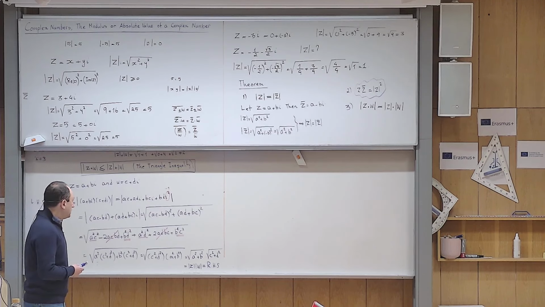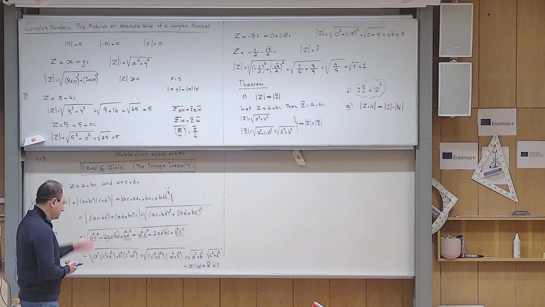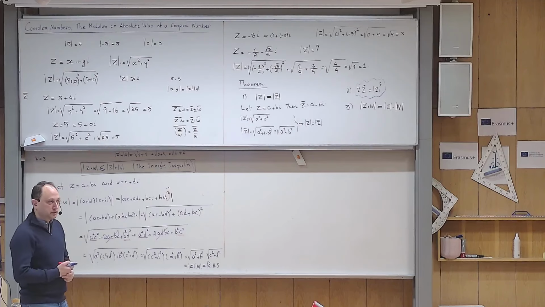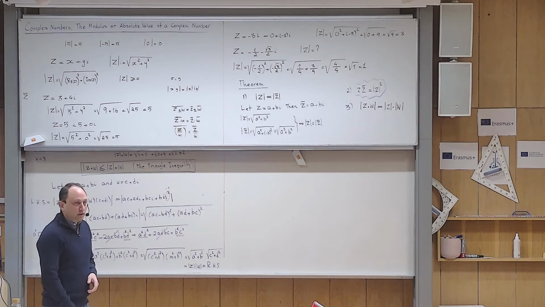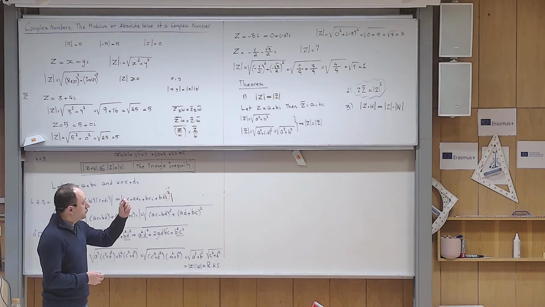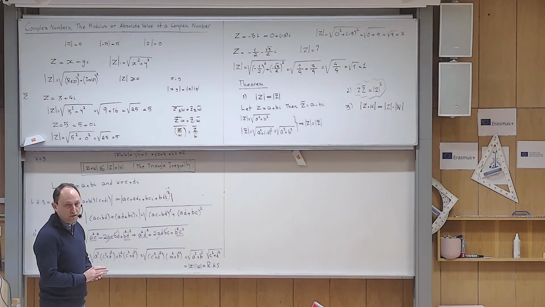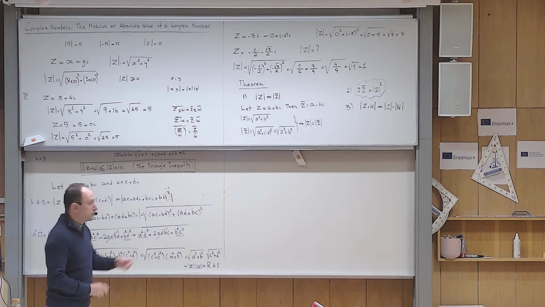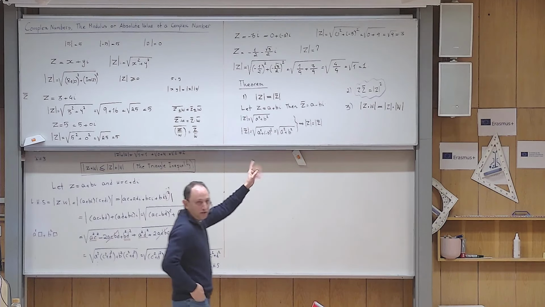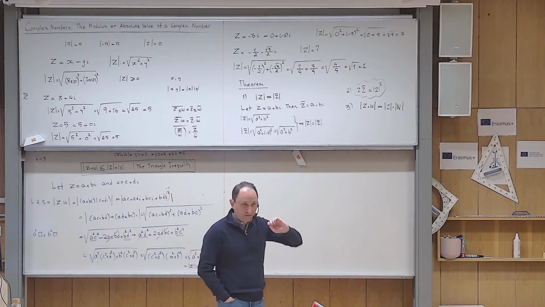I don't know if this is the solution in the book or not, because I told you this is a level 3 problem in part of the book. But can you see an alternative and much easier way to prove this? I want you to tell me, how can I use number 2 to prove number 3? I told you that number 2 is a very famous combination in complex numbers, okay?